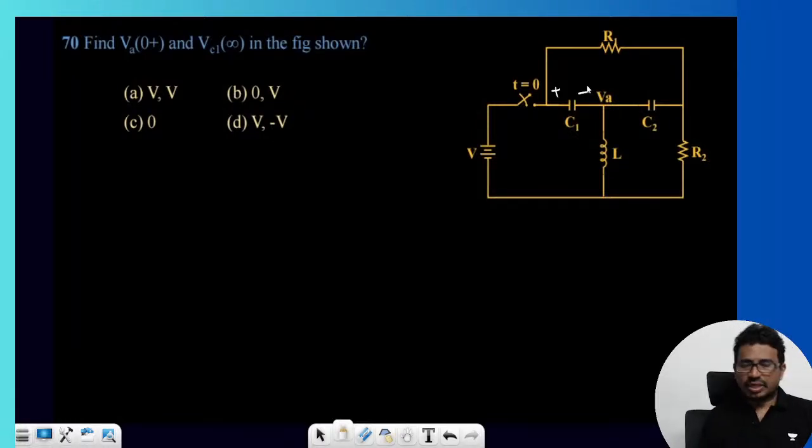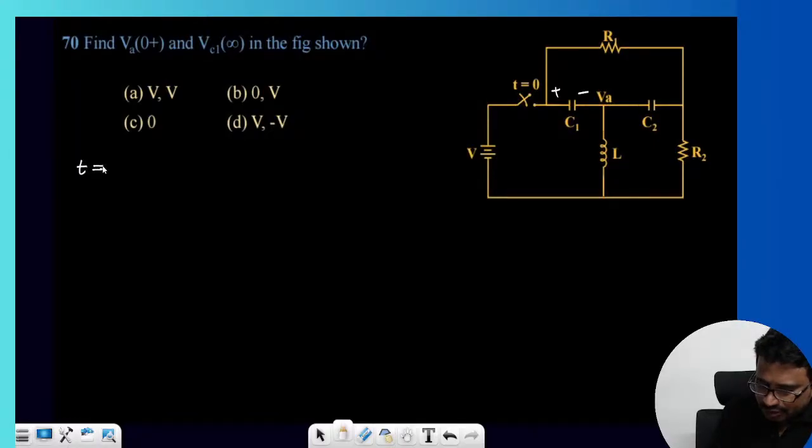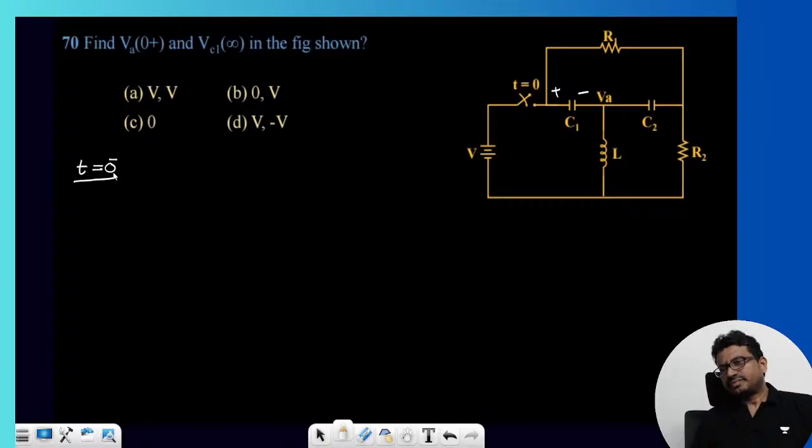In transient problems, we need to find the past behavior, the t equal to 0 minus values, first of all. At t equal to 0 minus the switch is open, so all initial values are zero.